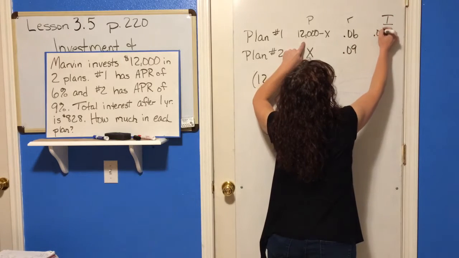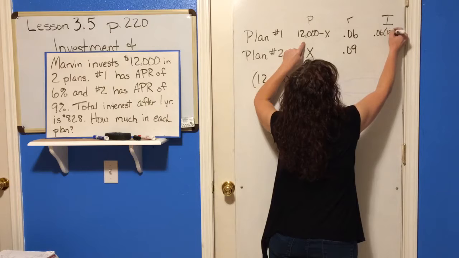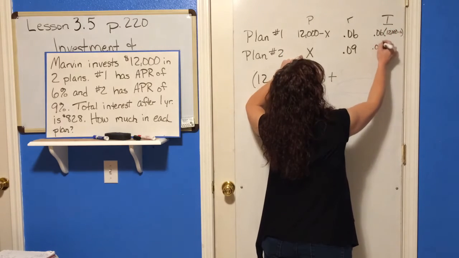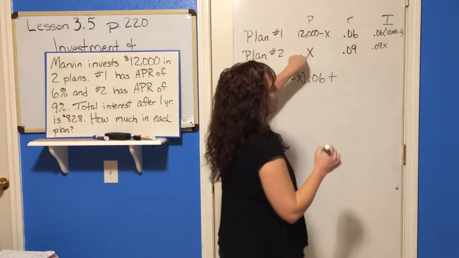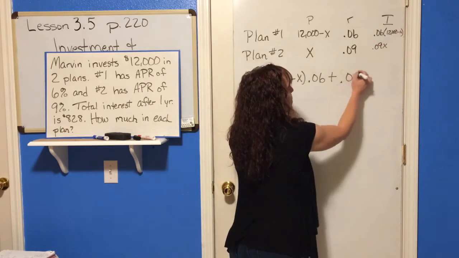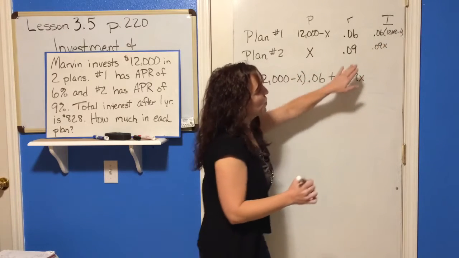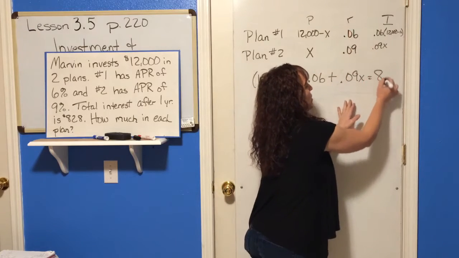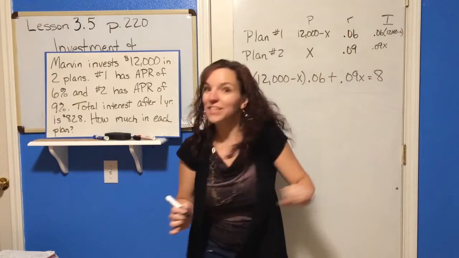So this is 0.06 times 12,000 minus X, and this one is 0.09X, which is what we have here. These 2 added together are going to equal what did we say? 828. We did.